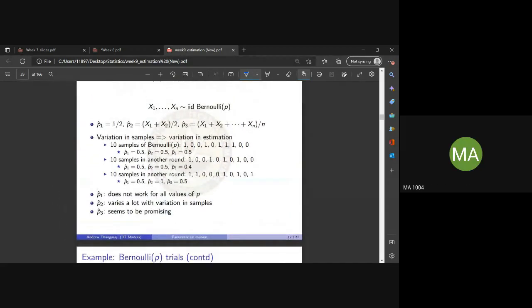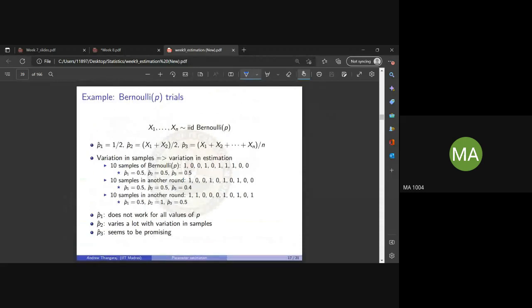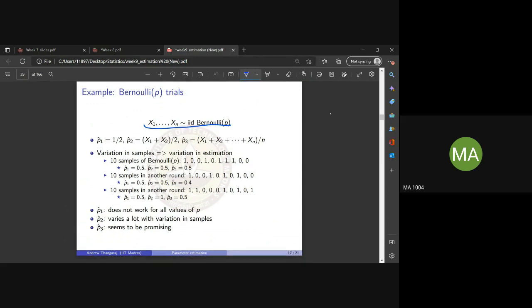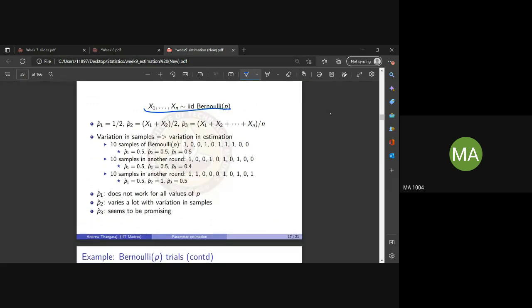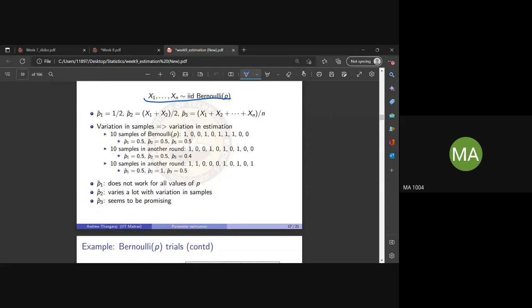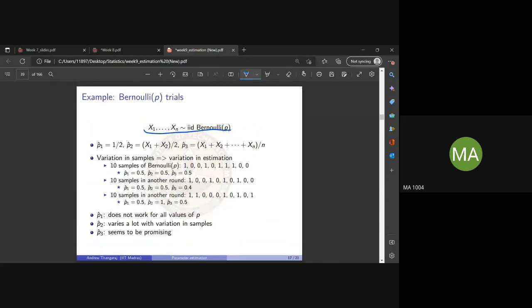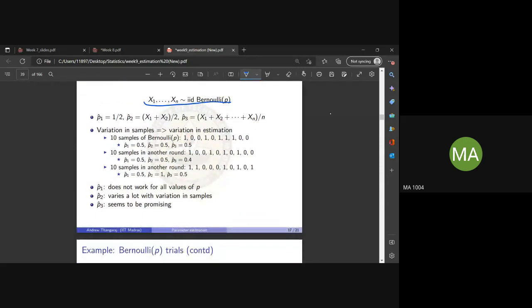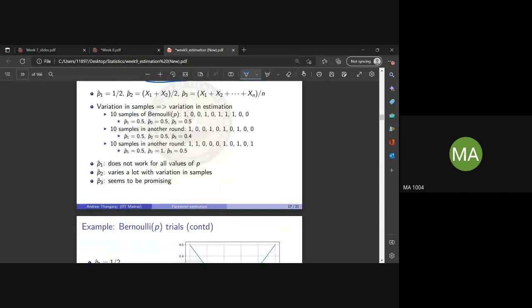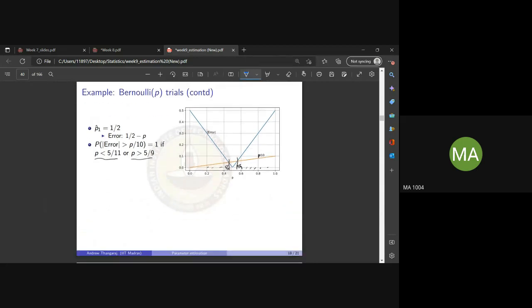Okay. So this is coming from the example of Bernoulli P trials, right? The setting was that you have the samples X1 to Xn coming from IID Bernoulli P, and we want to find the error for Bernoulli P. We had three different estimators.